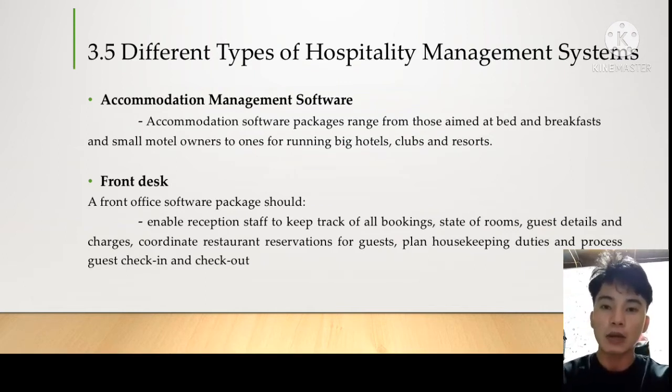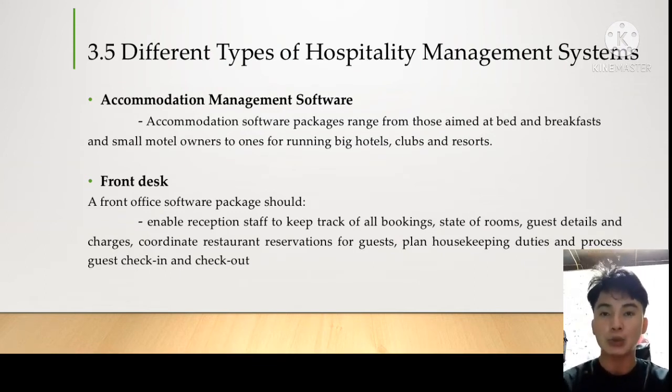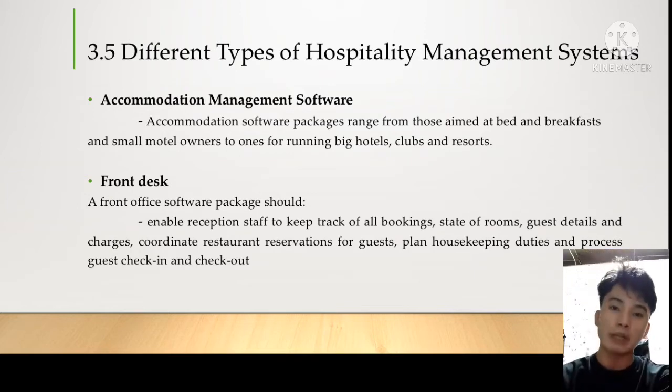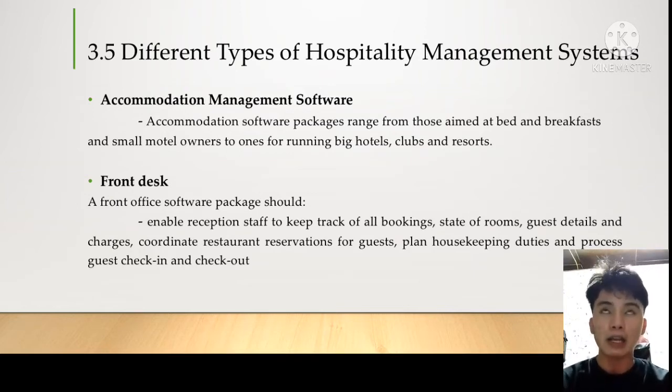Yes, so that is accommodation management software. It helps to manage, to administer, and to organize the information of a hotel or a certain establishment.